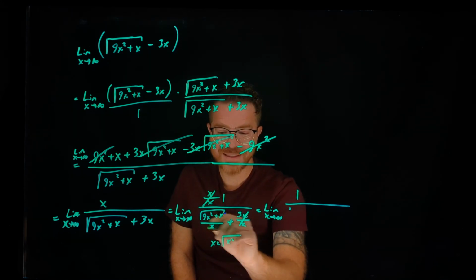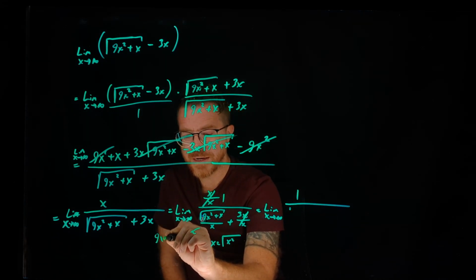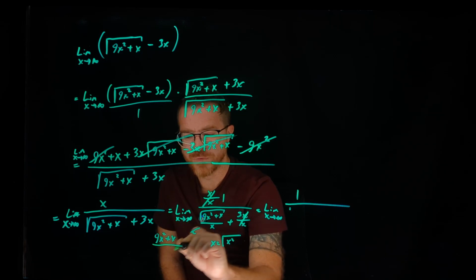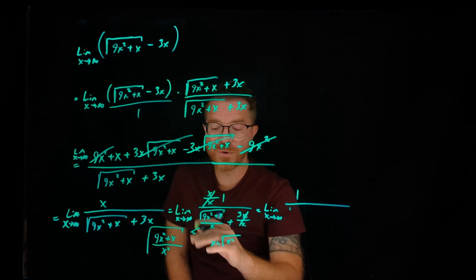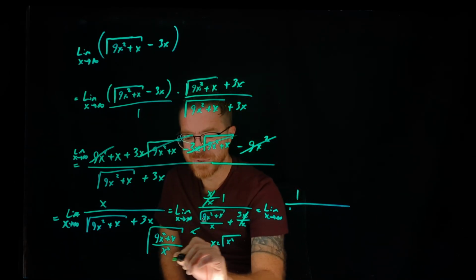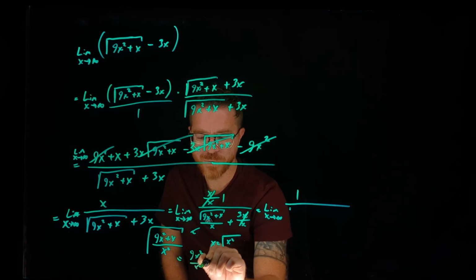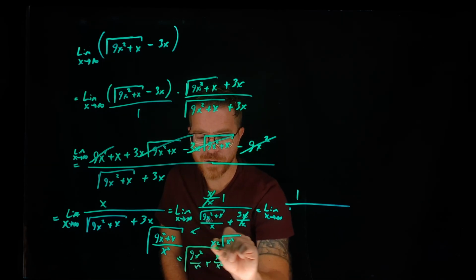By doing that, this term here is going to become 9x squared plus x over x squared under the square root, which is the same thing as dividing this by x squared. So this is going to be 9x squared over x squared plus x over x squared, all into the square root.